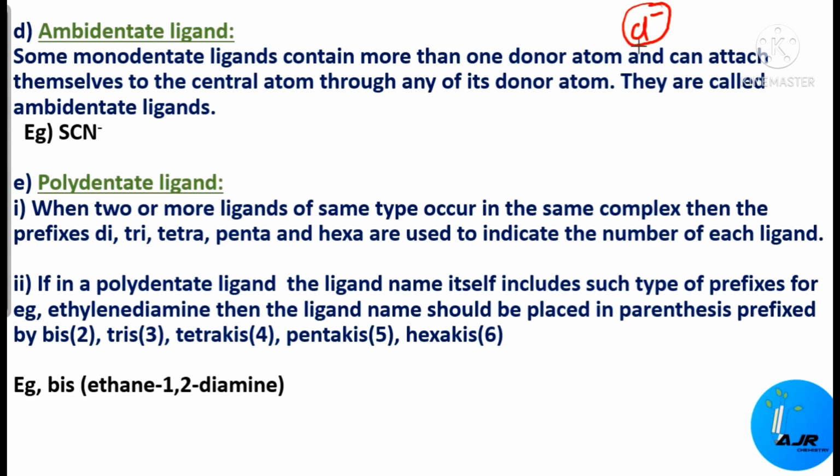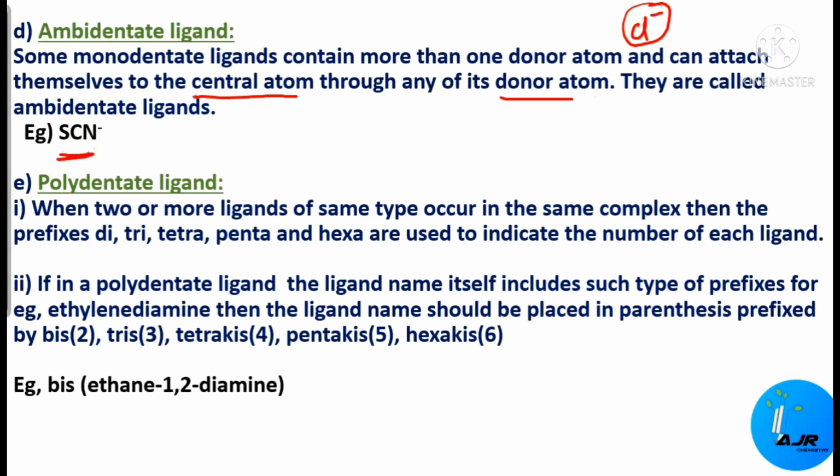But there are certain compounds like SCN minus. This is an ambidentate ligand, but it is a monodentate ligand, right? This SCN minus can get attached to the central atom either by S or by N. The atom which is donating the lone pair of electrons is called the donor atom of a ligand. Here we have two donor atoms, S and N, but this comes under monodentate.